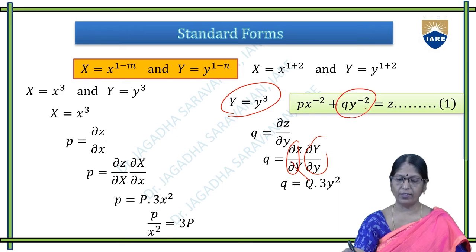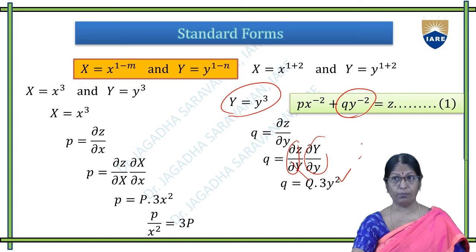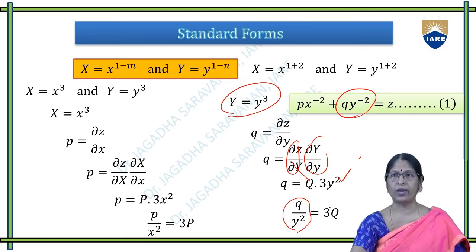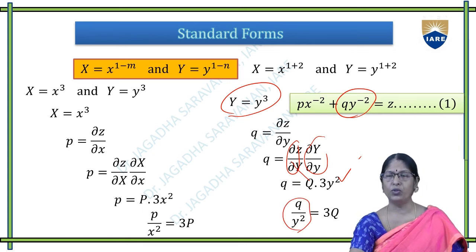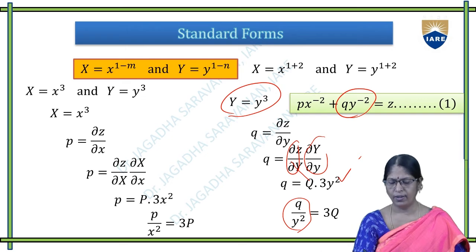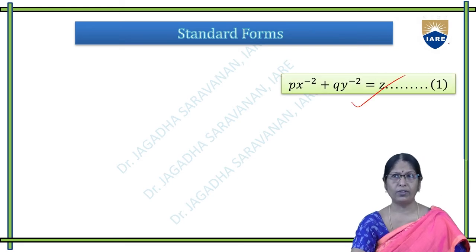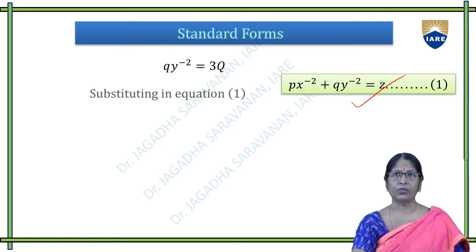So we need this to be replaced. According to that, we will do the simplification. So q by y square equal to 3 capital Q. q by y square is nothing but q into y power minus 2, the denominator we are bringing to the numerator. So this is our equation, and we obtained 3 capital Q. It's nothing but small q, y power minus 2.